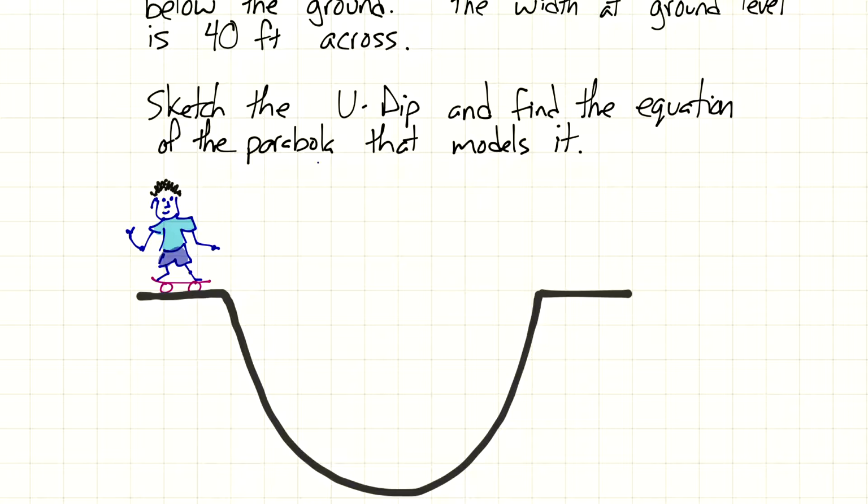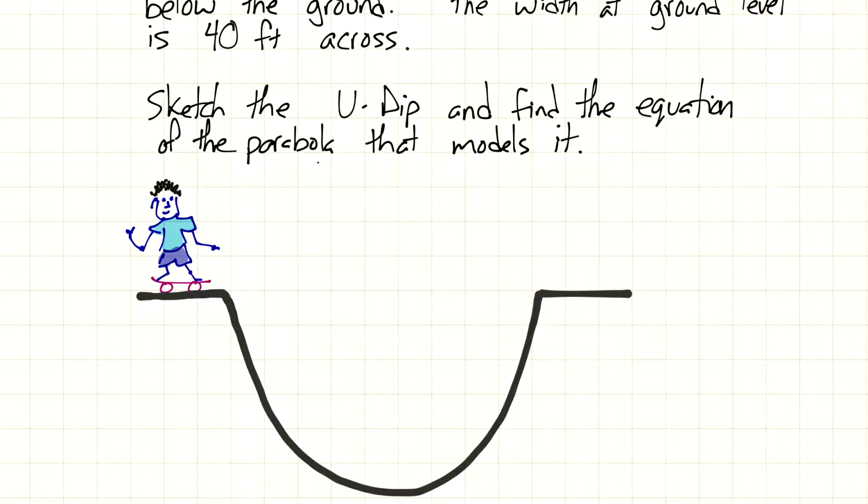Or like a half pipe. So make sure you draw your picture. Make it look like yourself or maybe someone you know that knows how to ride a skateboard. And you should have a picture of the U-dip.